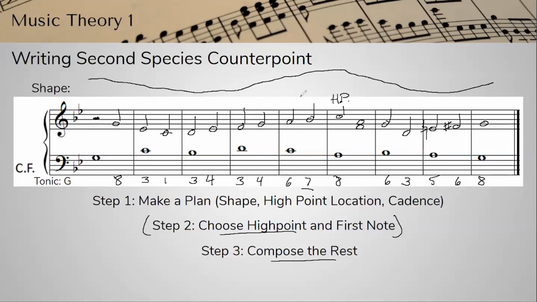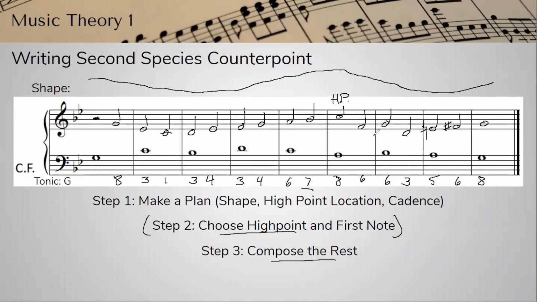To get to that G, the thing I think makes the most sense is to leap down to this F natural, which is a little bit of a dramatic leap, making this a sixth, and then moving to a sixth in parallel motion there. So that's probably a good way to do that.